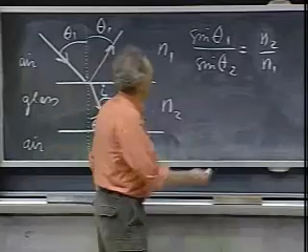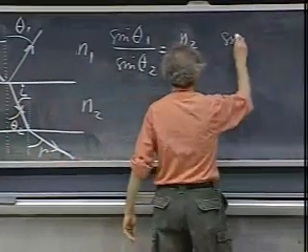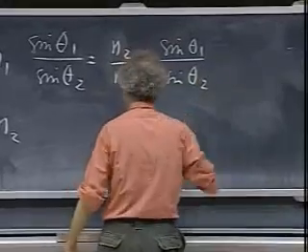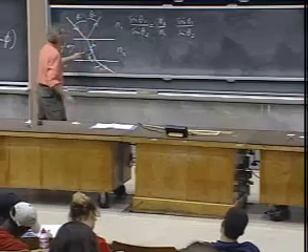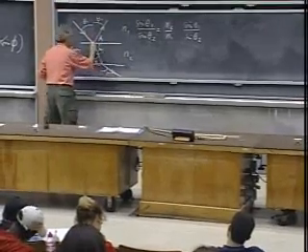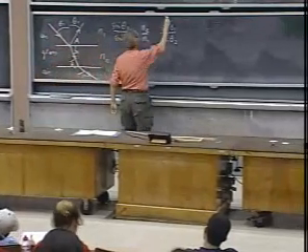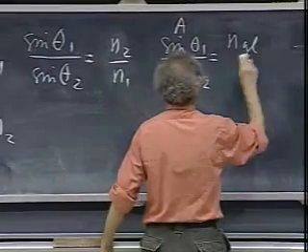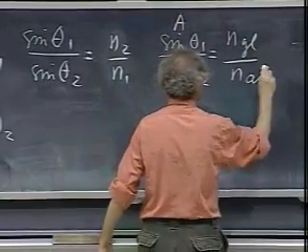You can easily see that because the sine of theta 1 divided by the sine of theta 2 at this transition at point A would be n of glass divided by n of air.